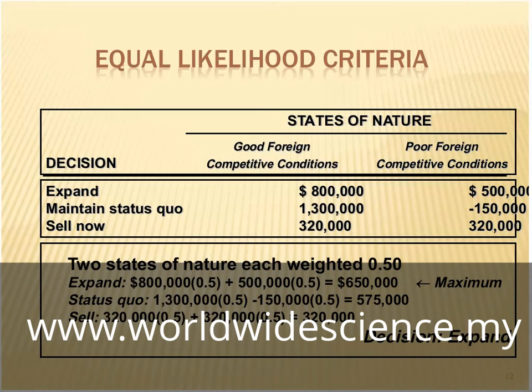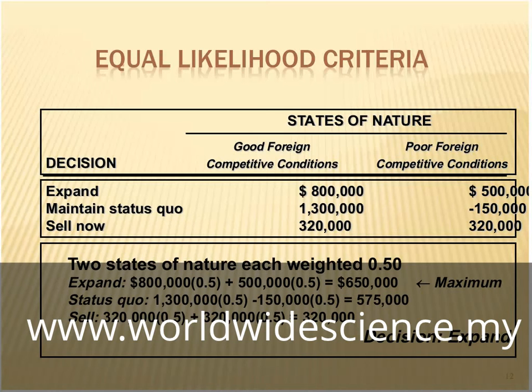If we had three states of nature, we would have to allocate 0.3 because they should be equal. So because we have two states of nature here, we have to allocate 0.5 to each of the states of nature.